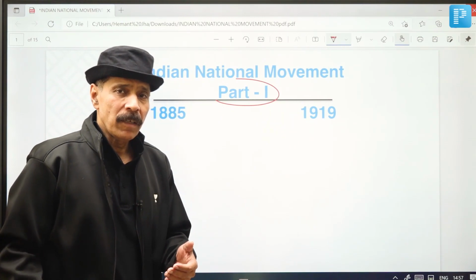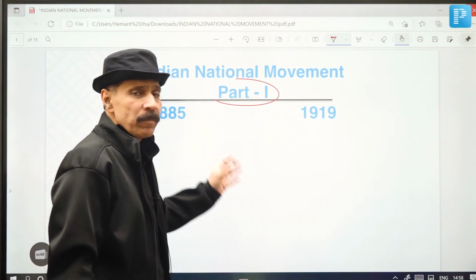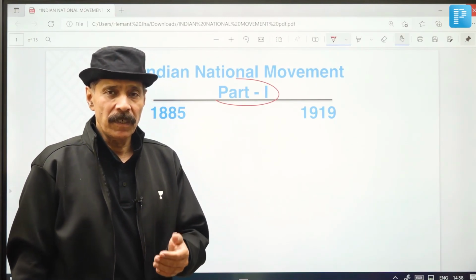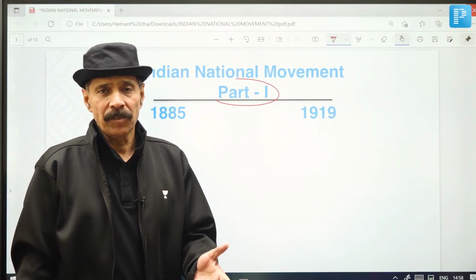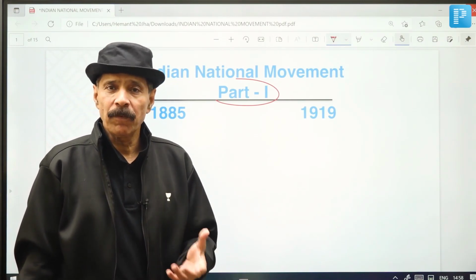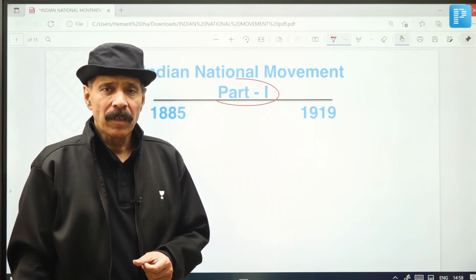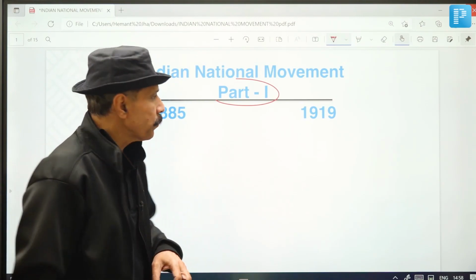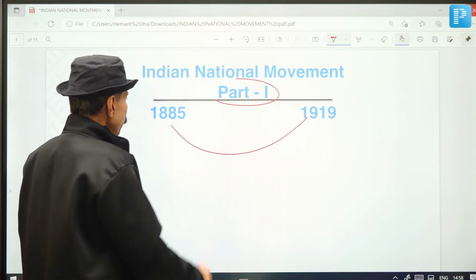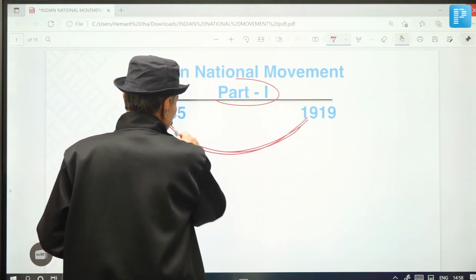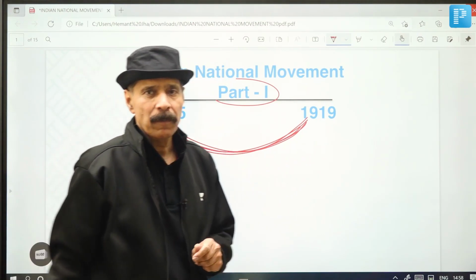And you know very well, the Indian national movement began in 1885 with the foundation of the Indian National Congress and continued till 1947 when India became free, at the same time got partition. So in this part, I will be covering the period 1885 to 1919. So this is almost half of the Indian national movement.